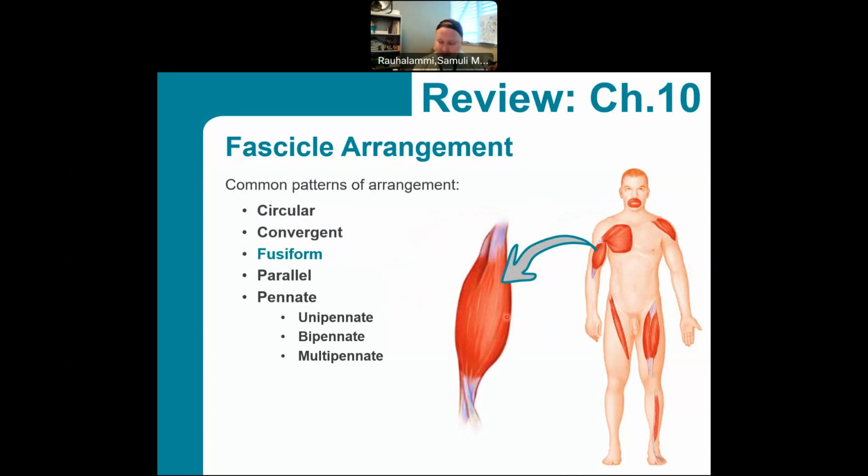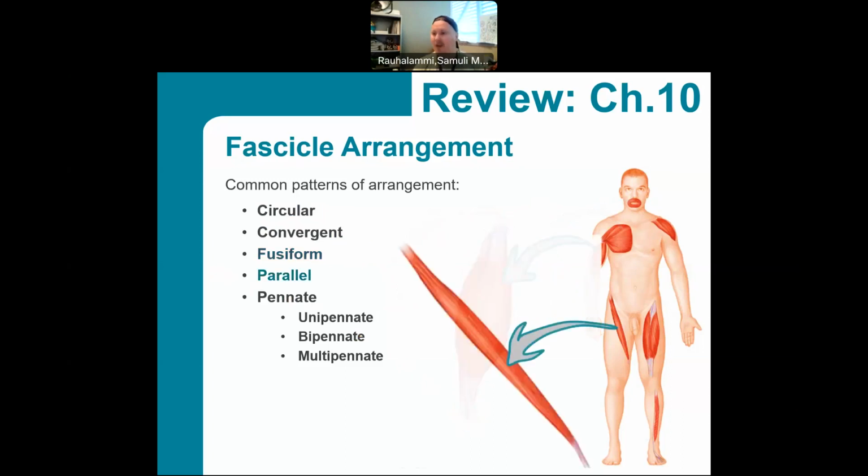So we have these very prominent spindle parallel fibers that then end up coming into one point. A good example of that I've highlighted here would be the biceps brachii. You'll notice that even though we have the fleshy part of the muscle where all these fibers run together in a similar direction, they all come to the same attachment point that we're seeing there.